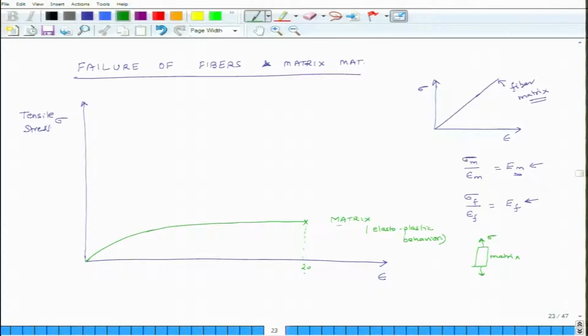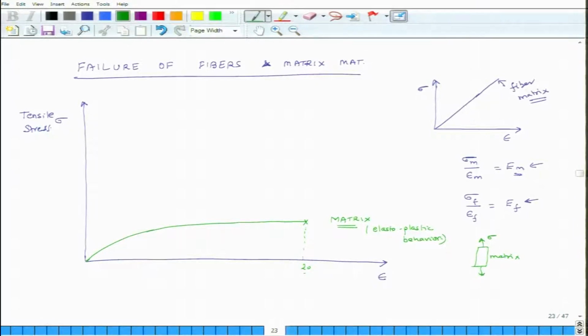If it is a thermoplastic material, it will take a lot of strain because it keeps on getting stretched, and in some cases it may even go up to 70, 80%. If it is a thermoset, maybe that failure strain may be less, but it will still be fairly large. So, this is how matrix materials behave.